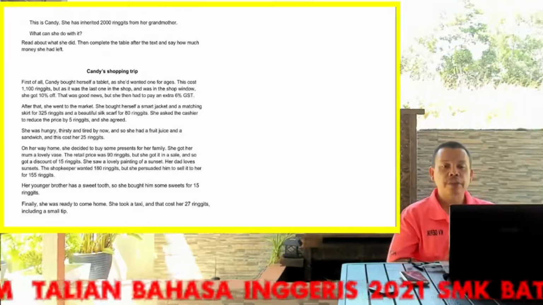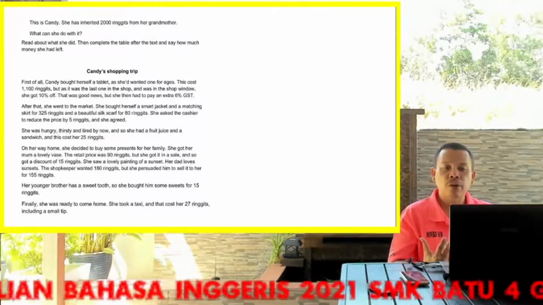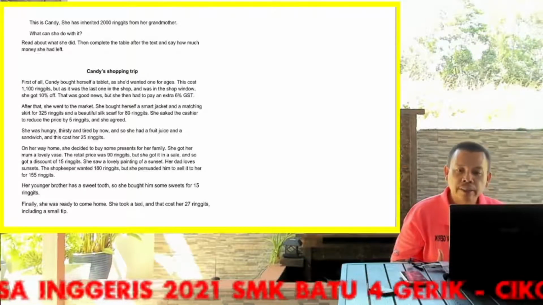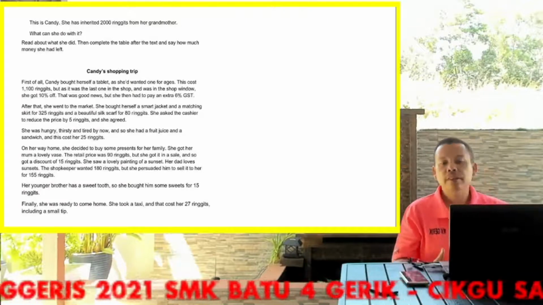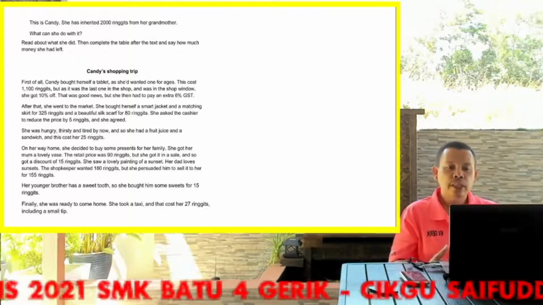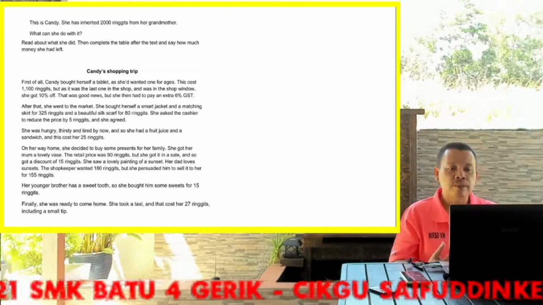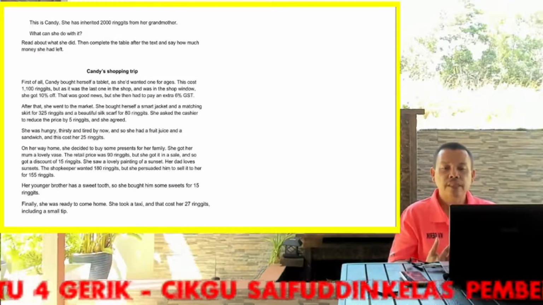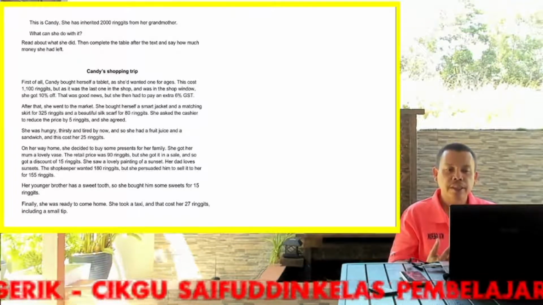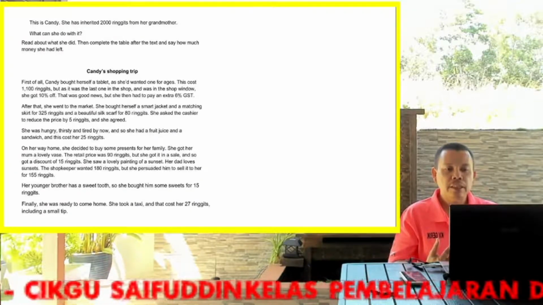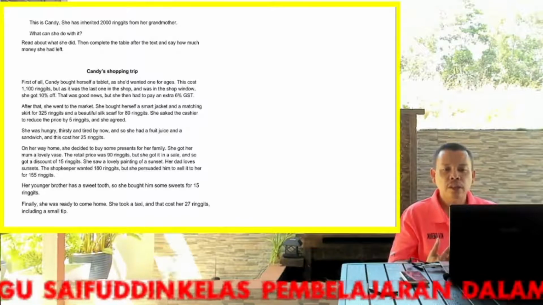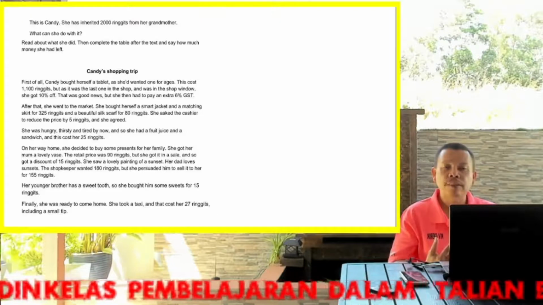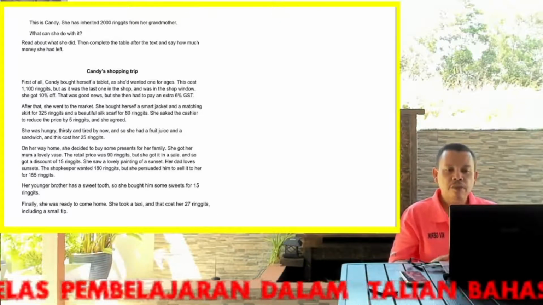She was hungry, thirsty and tired by now, and so she had a fruit juice and a sandwich, and this cost her 25 ringgit. On her way home, she decided to buy some presents for her family. She got her mom a lovely vase. The retail price was 90 ringgit, but she got it in a sale and so got a discount of 15 ringgit. She saw a lovely painting of a sunset. Her dad loved sunsets.